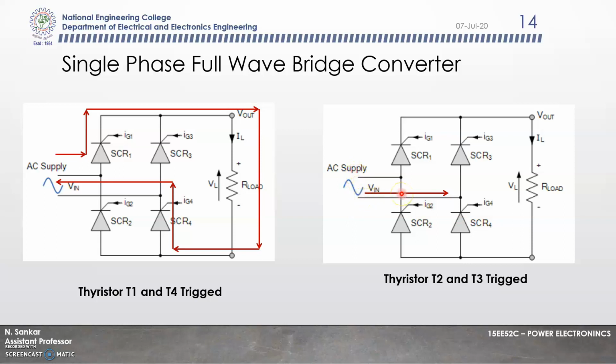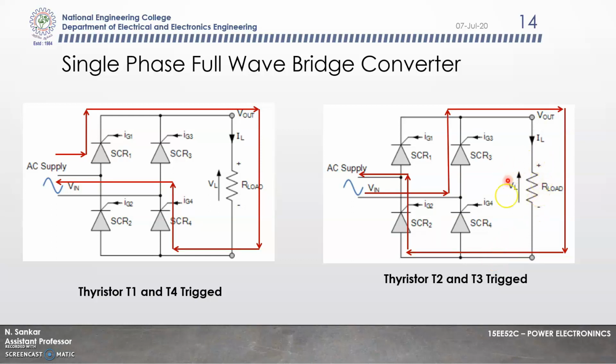The current flows from phase to SCR3, through the load, then through SCR2, and exits at the neutral point. This is the direction of current flow for the negative half cycle, when thyristors 2 and 3 get triggered.